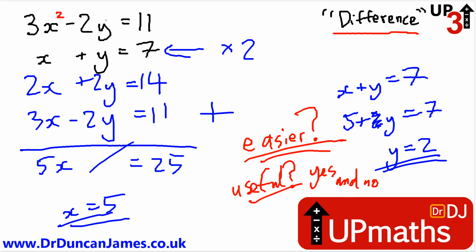Because if that had been a squared and that had been a squared, then you could do the same thing-ish, but you'd have to do other things at the same time. So they kind of need to be the same. I'm not saying it can't be squared, but you have to have exactly the same things, because otherwise you can't take them away and cancel them.